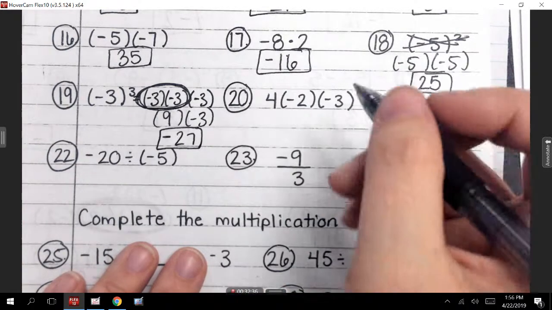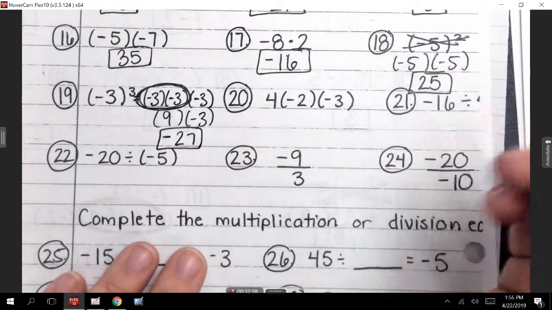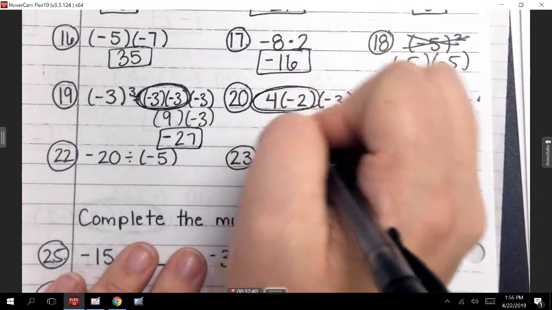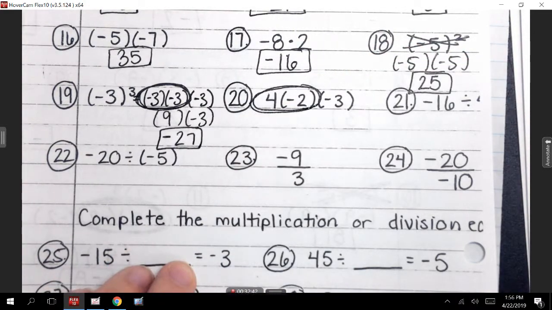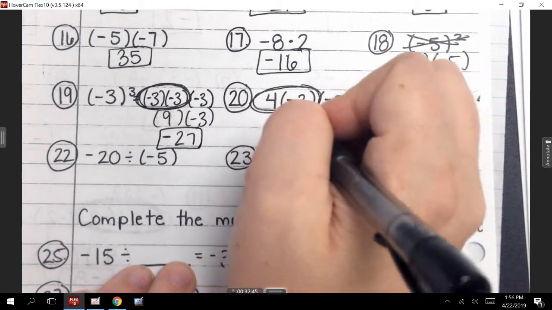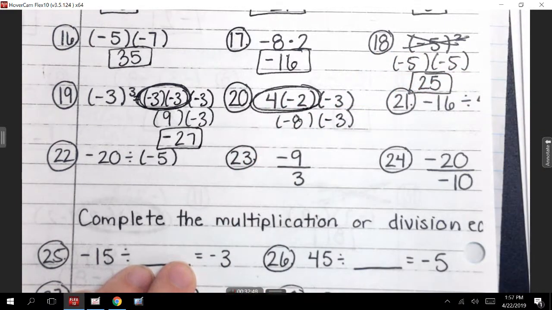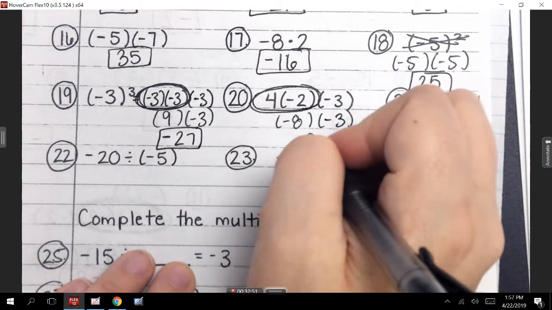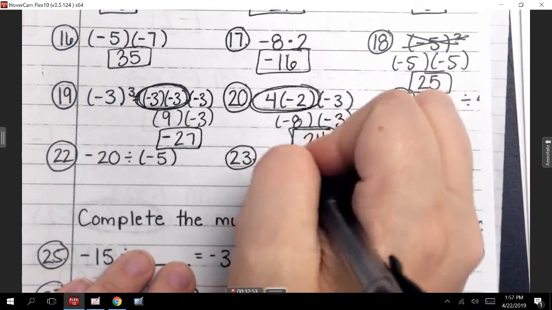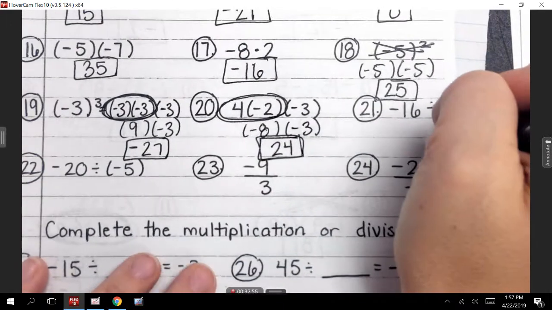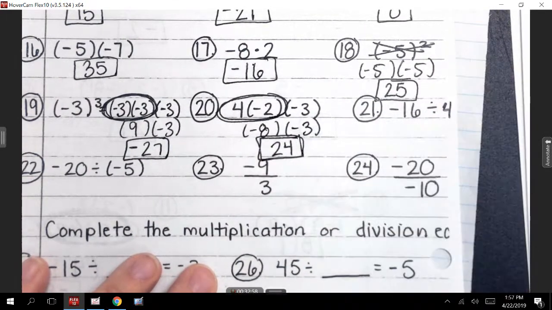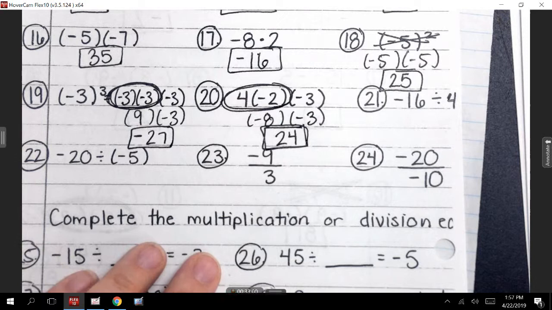All right, on number 20, I'm going to skip up Jaden for my first 2 numbers. What's 4 times negative 2 give me? Negative 8. And then we have to do negative 8 times negative 3. Now they have the same sign, so what do I get? 24. Excellent job. All right, number 21, that should have been a 4. Gabby, what am I going to get for the answer on 21?